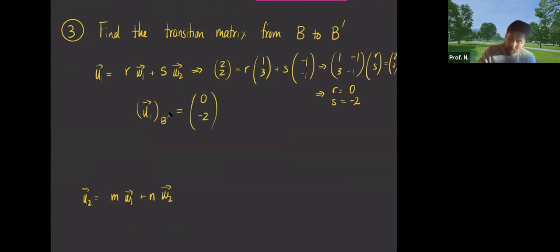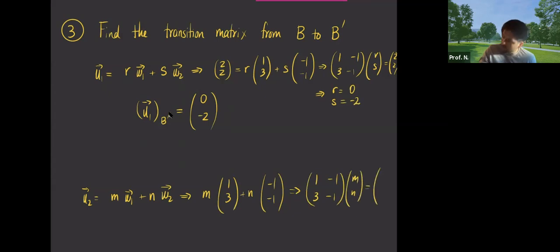And then I'm going to do the same exact thing here. This is M times (1, 3) plus N times (-1, -1). The resulting equation would be [[1, -1], [3, -1]] times [M, N], where U2 is (4, -1). I want to find what M and N are.